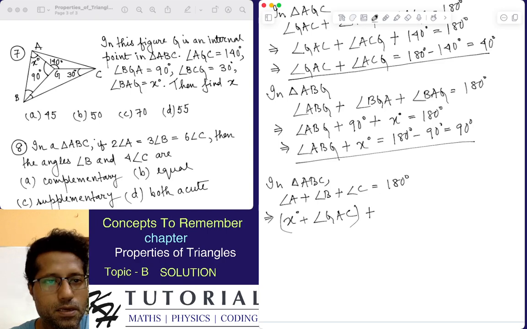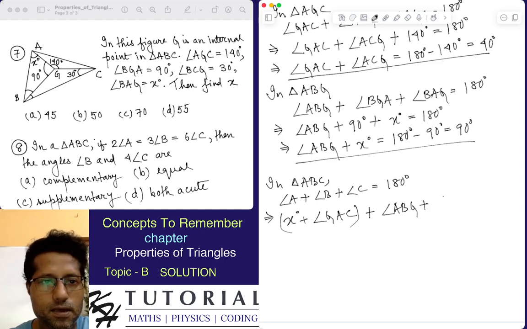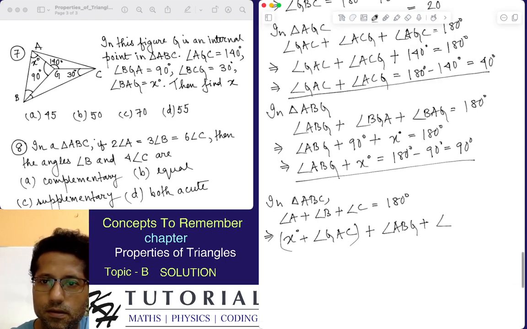What is angle B? Angle B is angle ABG plus angle GBC.